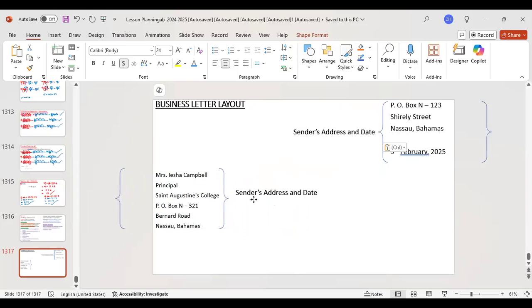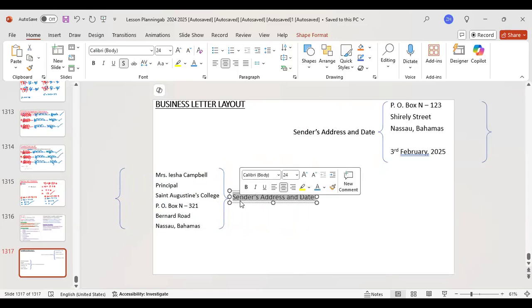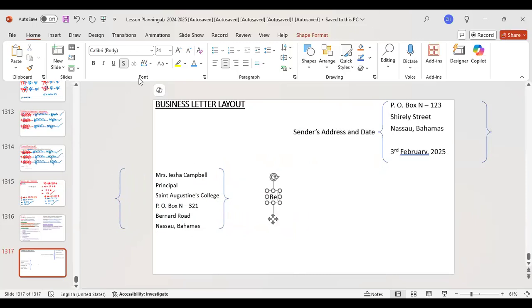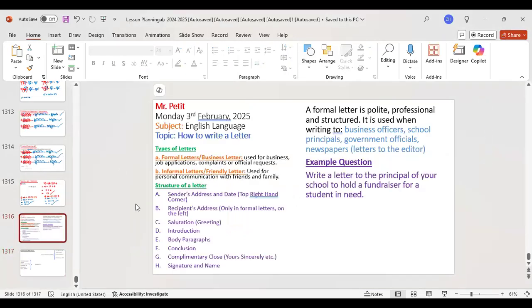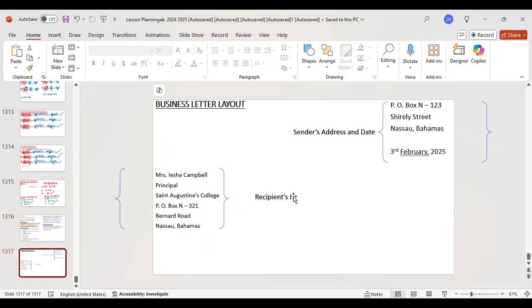So it's going to be recipient's information.